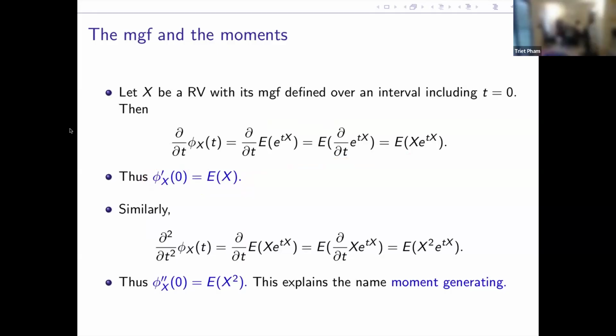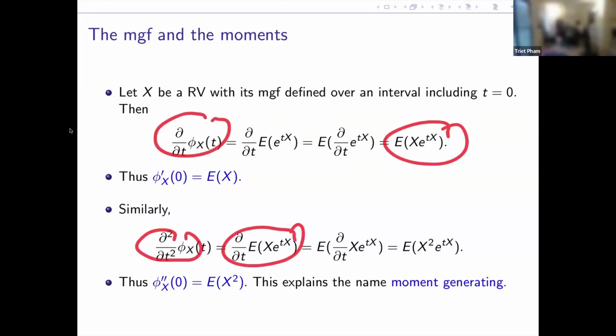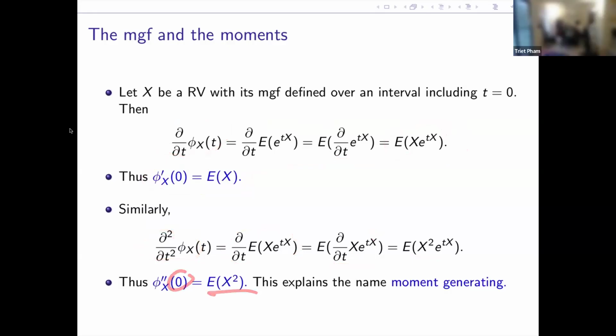And you don't have to stop there. The process will continue. You can differentiate this expression again, the first derivative, to get the second derivative. Another x will come down, and you get x squared. Plug in 0, you get the expectation of x squared. Any question about this?